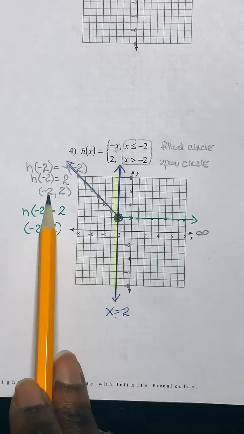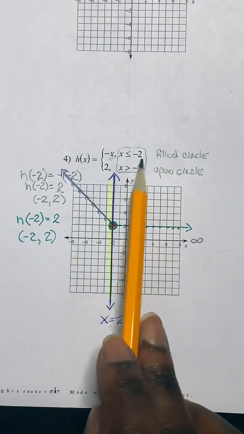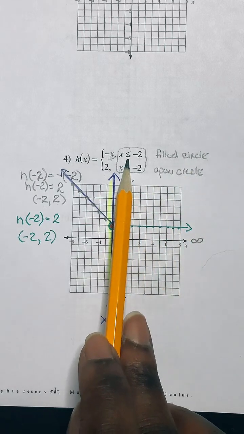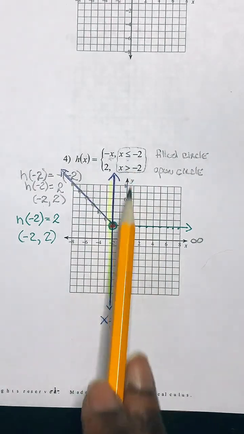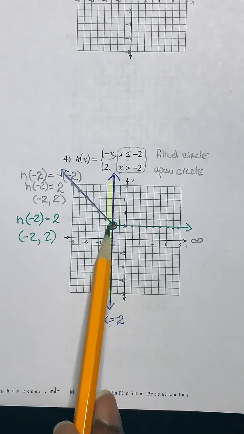So the point that we are putting first was that -2, and the reason why it was a filled circle is because if I look at the inequality, it wasn't equal to. This was less than or equal to. So that's why you see this red dot right there. After the red dot, now I need to graph.